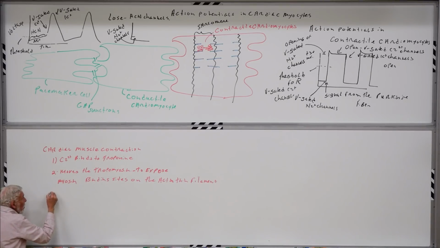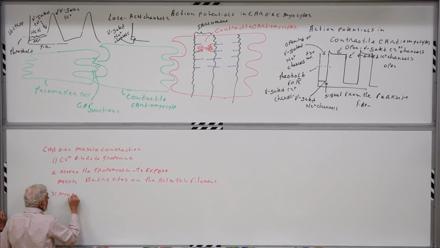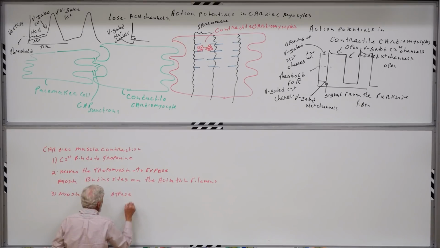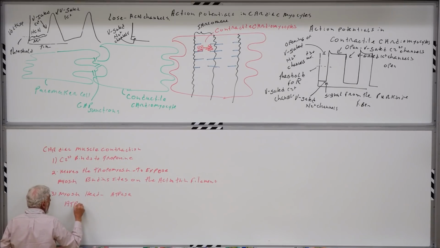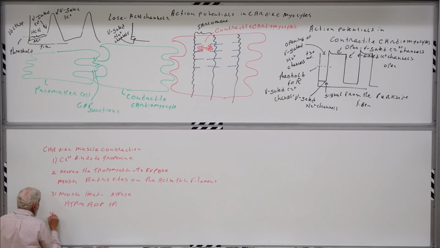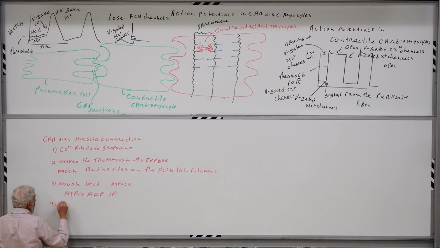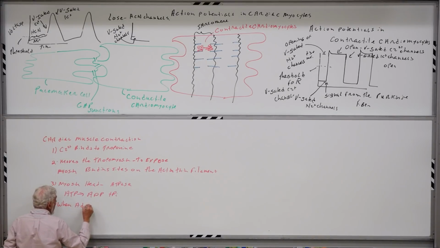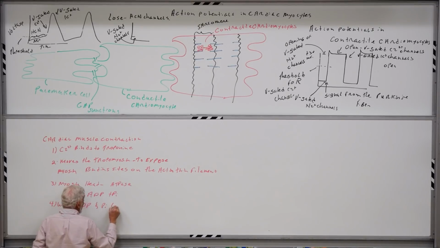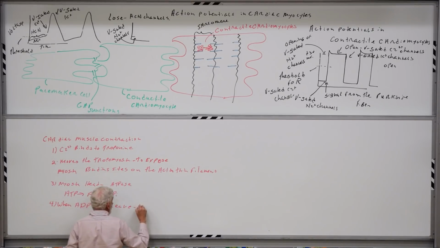So at that point, we're back to the biophysics of the myosin head. The myosin head is an ATPase. It converts ATP to ADP and inorganic phosphate. Just as before, when ADP and Pi leave, we have the power stroke.